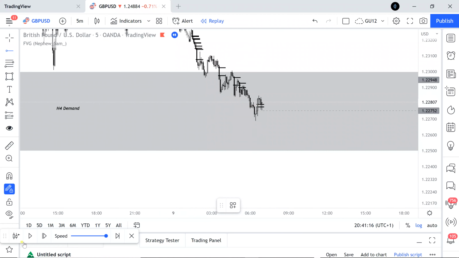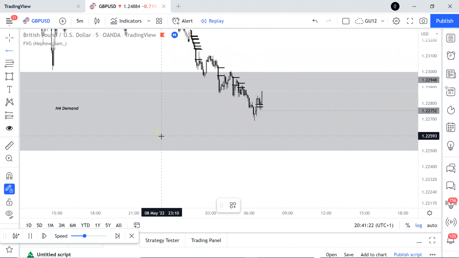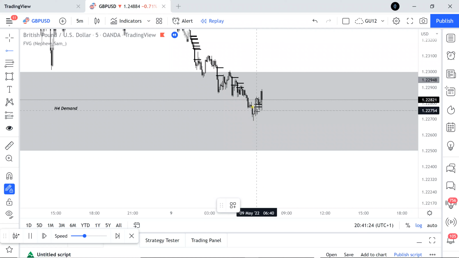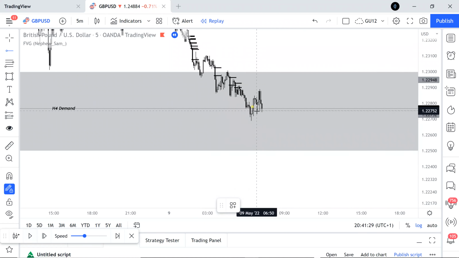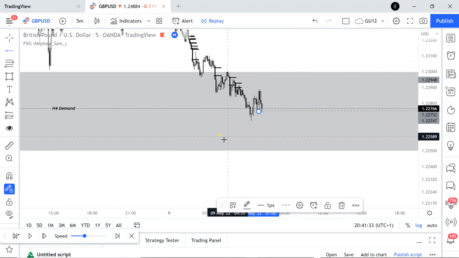If we just zoom in here, it's not quite begun. Okay, so just about here. Along with the Asia high and low, the Frankfurt high and low are also key levels, but we'll get into that at a different date on a different session.